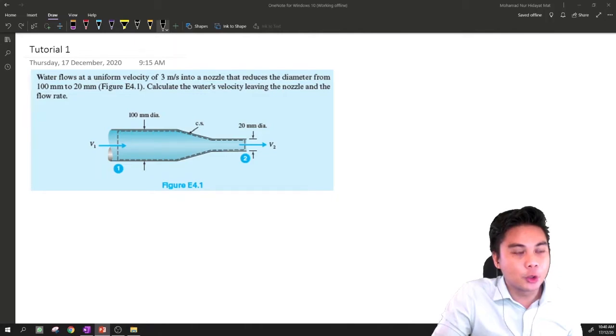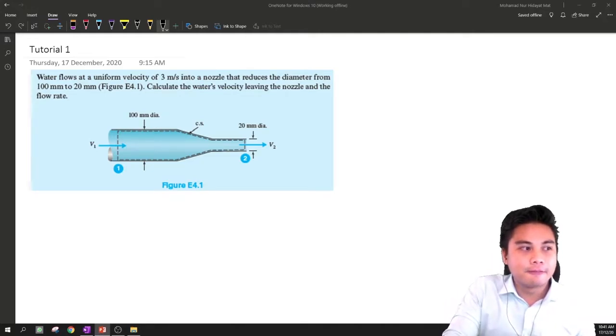Inside here is the control volume and outside here is the control surface, the surface covering the control volume. Previously we learned about the Reynolds transport theorem. In this case, we convert from the system to the control volume system.